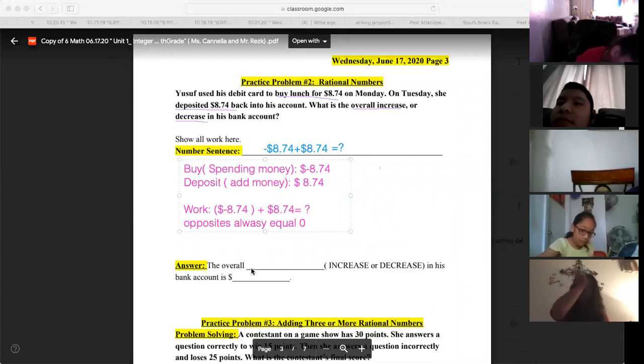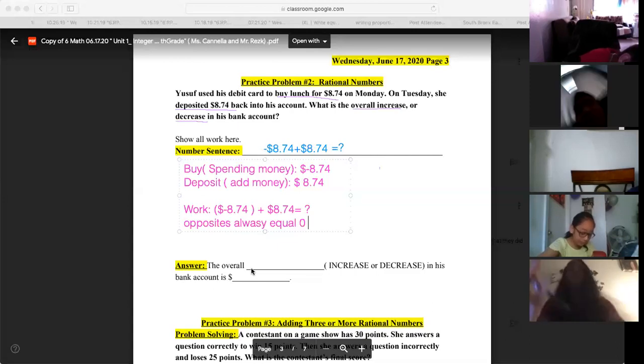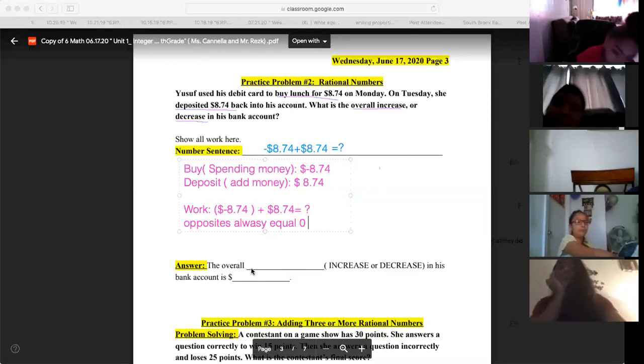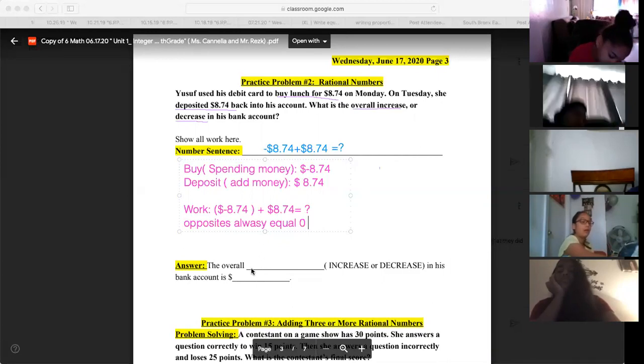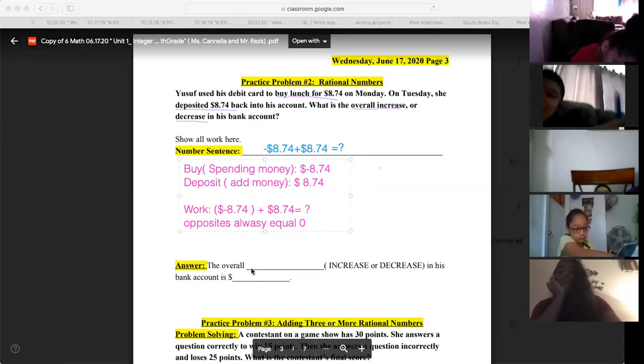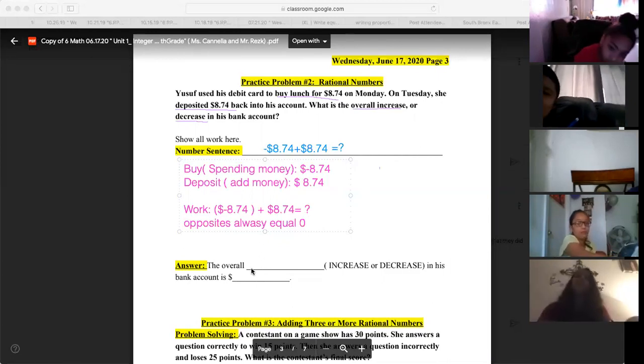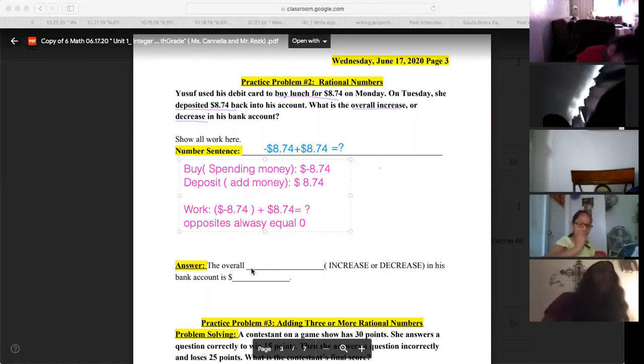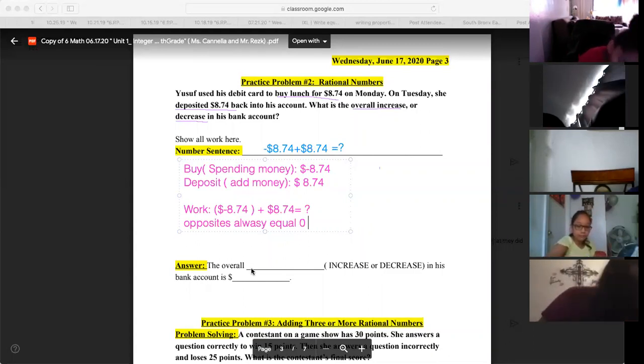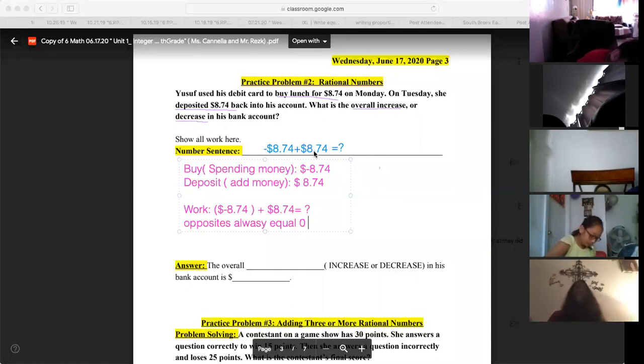No. Okay, so we're going to write, there is no increase or decrease because his account balance is back to 0. Even though he added $8.74, he actually made his account now not have a negative amount. So technically, he is adding back that money to increase it because he spent negative 8.74, but he has to add the $8.74 to bring it back to 0, a neutral amount. So his account balance will be 0.